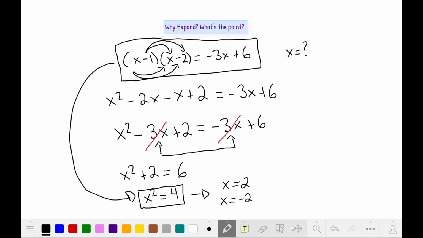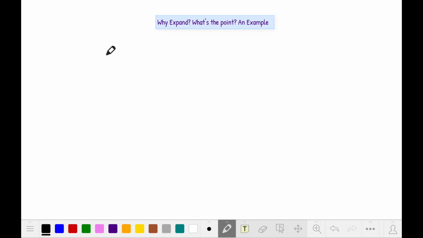Now, let's take a look at one more very quick example of when expansion is useful. All right, so this example is going to be a little bit trickier. We're going to have x plus 3 times x plus 2, and that's going to equal, well, let's just say 5x plus 2.